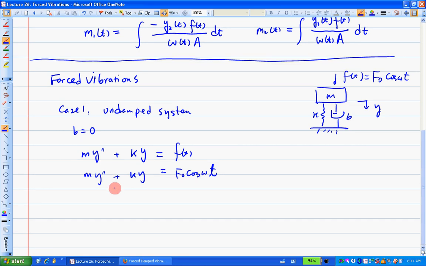Either way, your first step is to solve the homogeneous equation first. So your YH, I think we have been doing this quite a bit, is going to be A cosine omega n t plus B sine omega n t, and omega n is the square root of K over M.